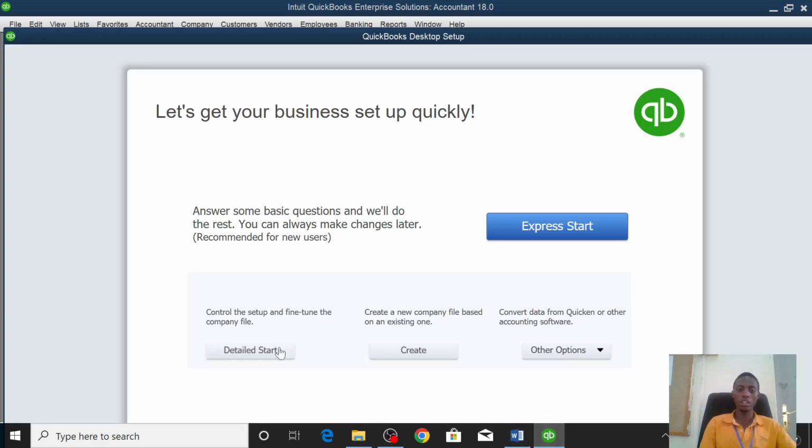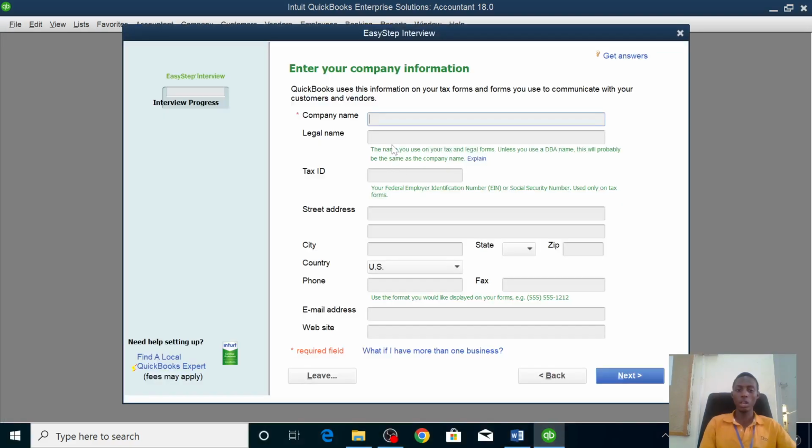I move here, detailed start, company name, Mark Traders Company Limited. My company name is the same as the legal name, provided with PO Box 234, Mbarara.